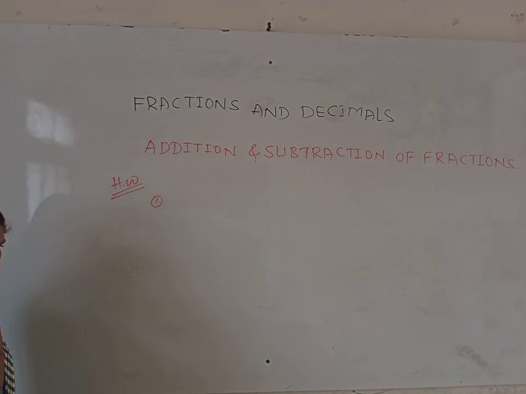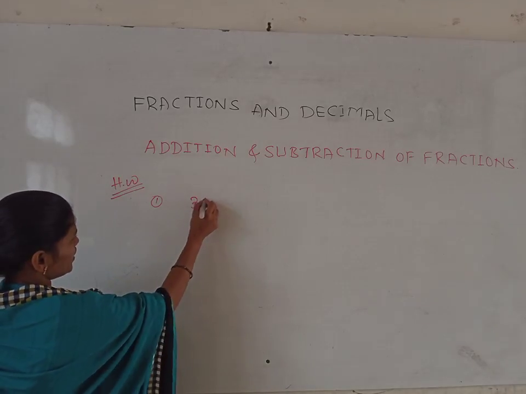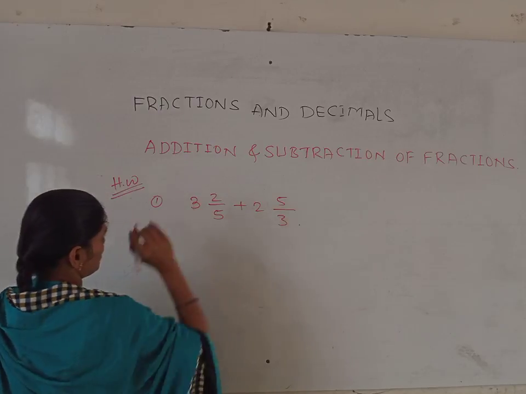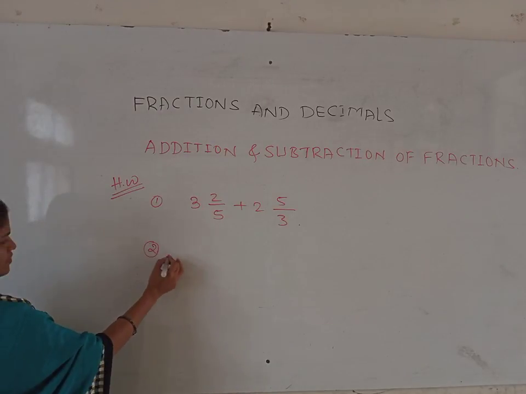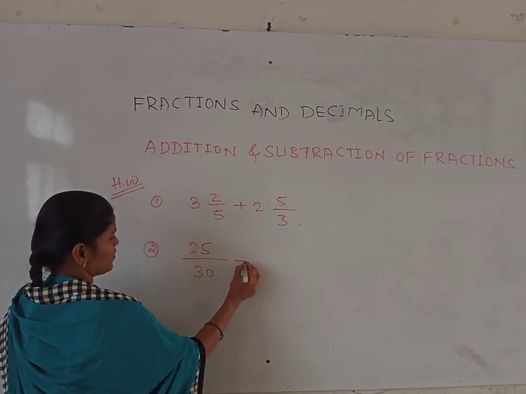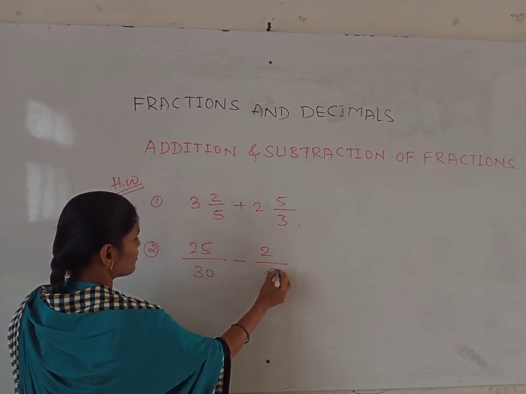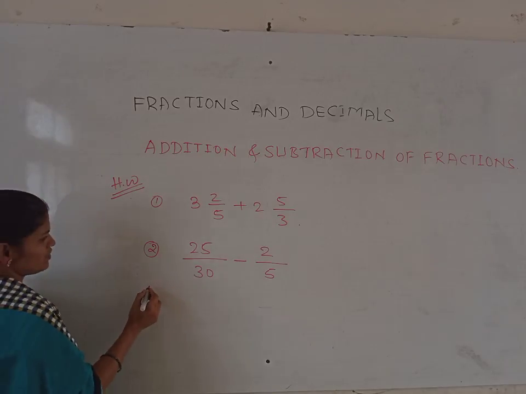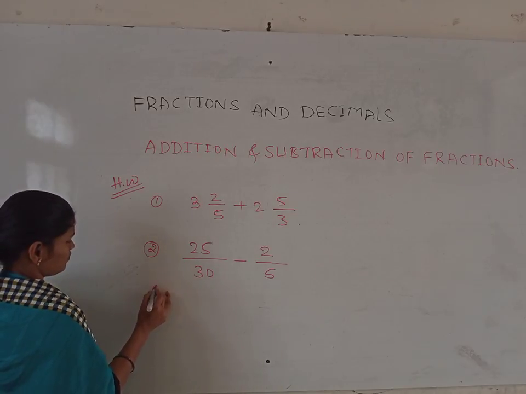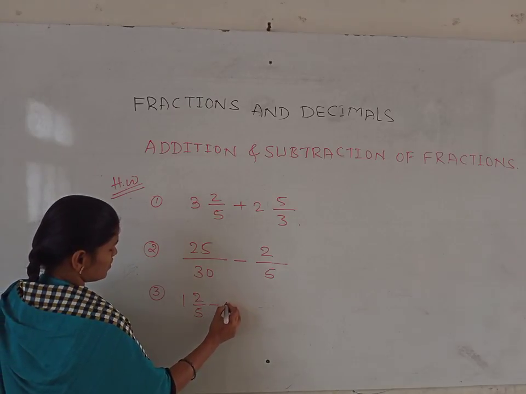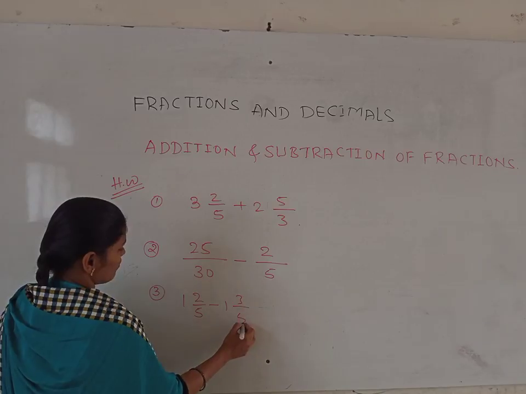Okay, take this: 3 integer 2 by 5 plus 2 integer 5 by 3. Second one: 25 by 30 minus 2 by 5. Next one: 1 integer 2 by 5 minus 1 integer 3 by 5.